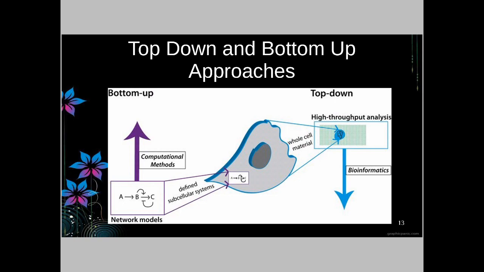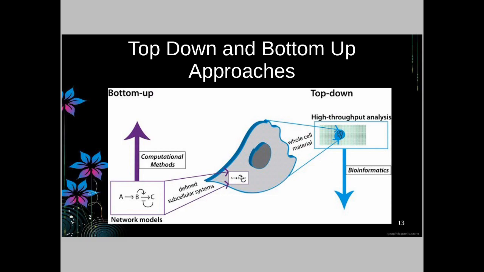Whereas the top-down approach is more of a bioinformatics way. You start with a large data set. Usually it's mRNA or RNA sequences, your microarray data or RNA-seq data, and this is a whole holistic type of data. You're actually looking at the data from the whole cell, and then you do bioinformatics approaches. Some of those apply graph theory.